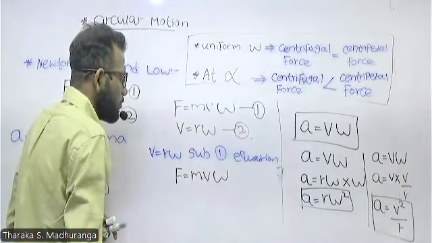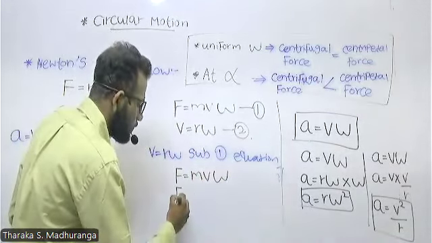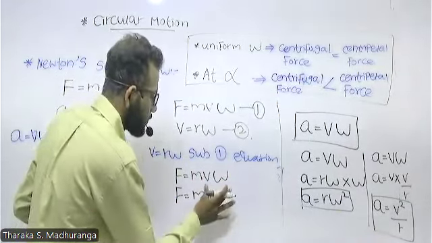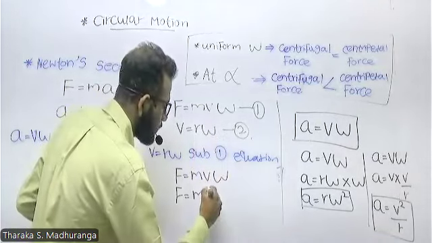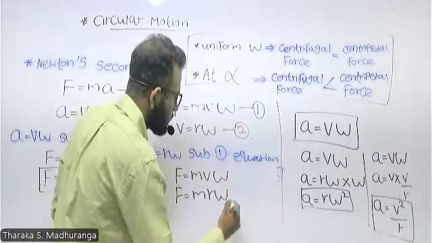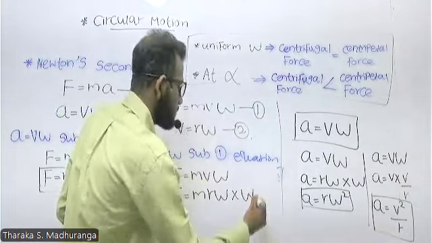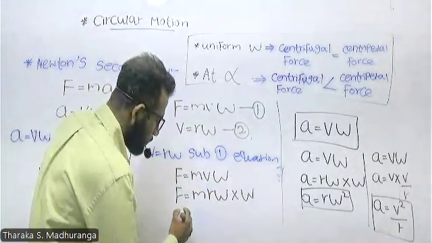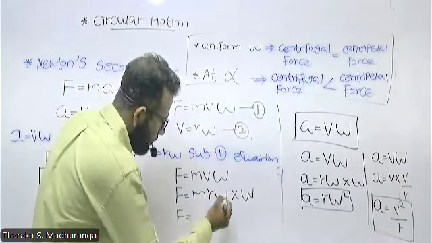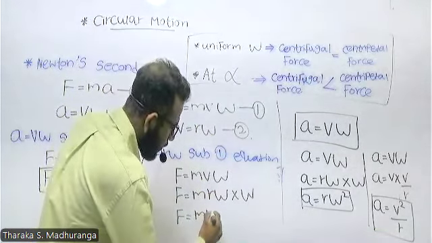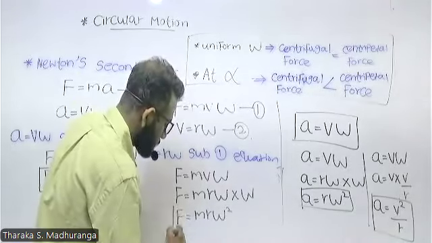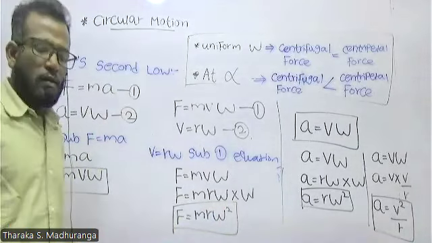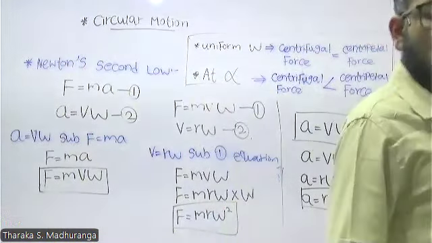Instead of v I apply r omega, and omega is already available. Then F equal mr omega square is coming.